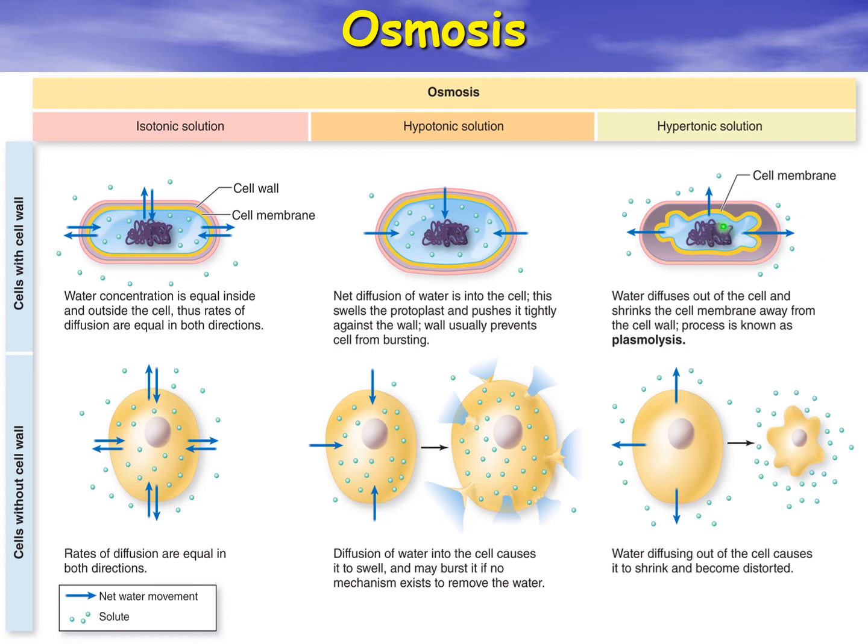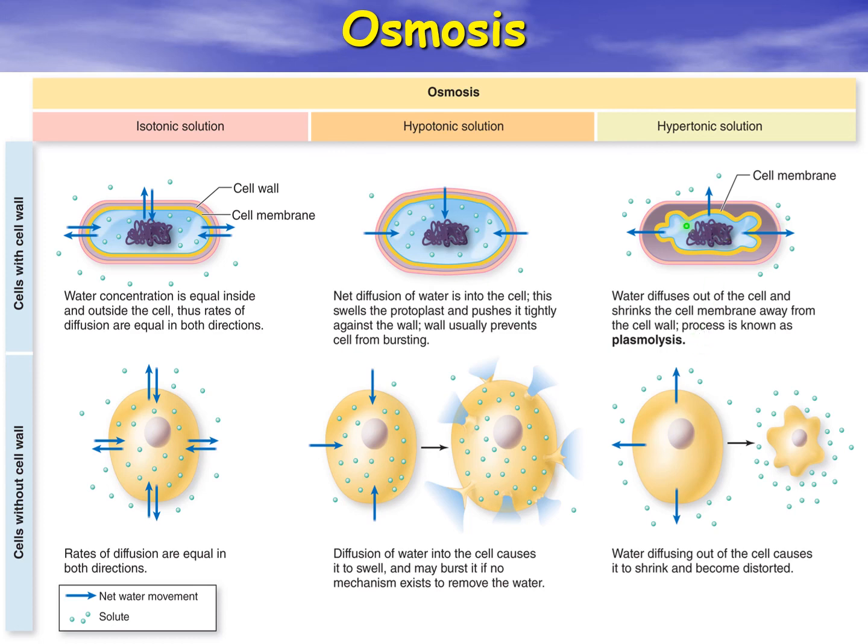This cell is going to lose water and shrink. The problem is the cell wall is rigid. The cell membrane is not. It will shrink, and as it is pulled away from the cell wall, it will be disrupted and will leak contents out of the cell, and the cell will die. This process is known as plasmolysis.